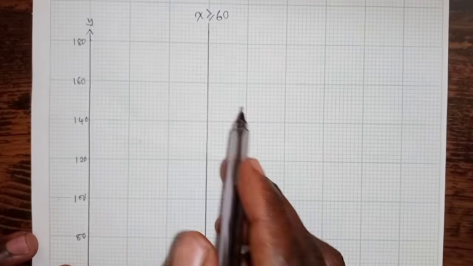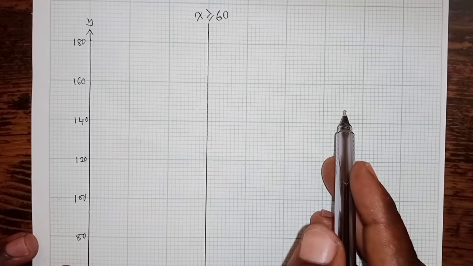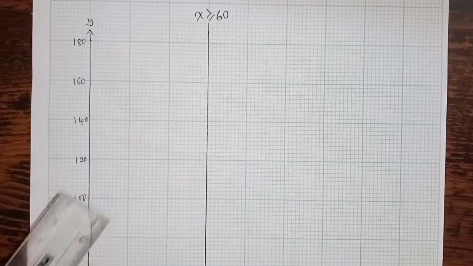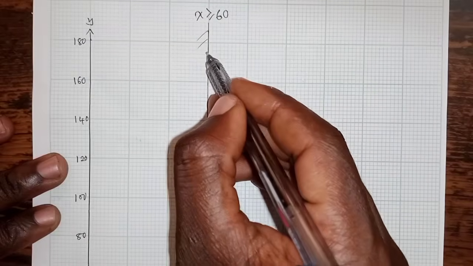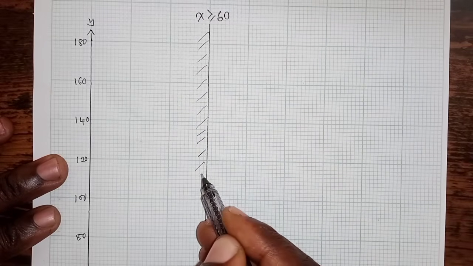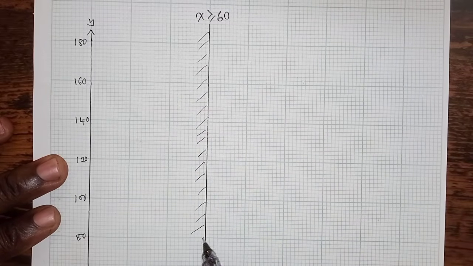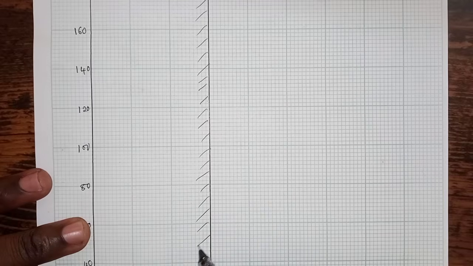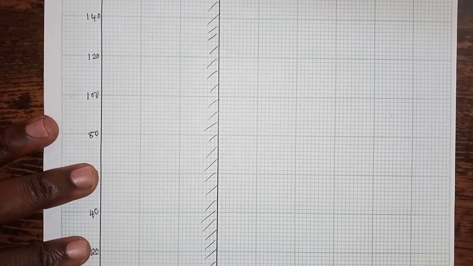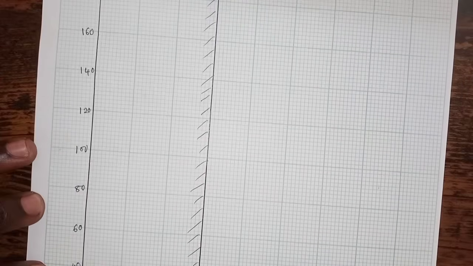So which side is greater is this side. Which one is not greater is less, this side. So we are going to shade the unwanted region over here. We shade it like this. Okay, so we have shown the unwanted region.